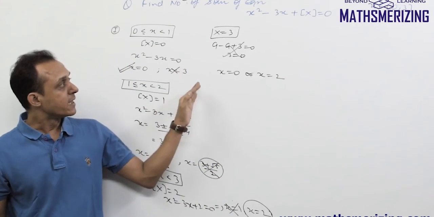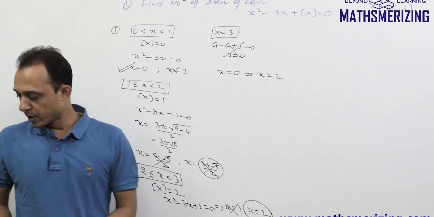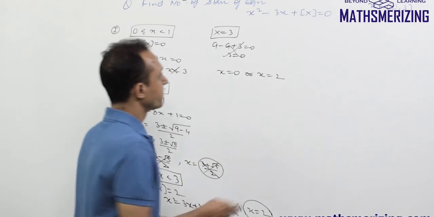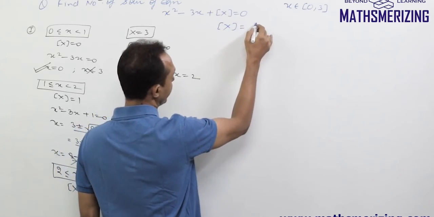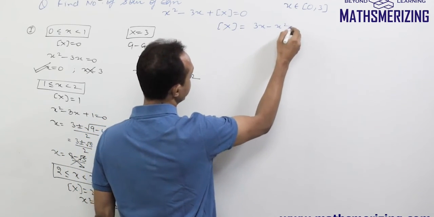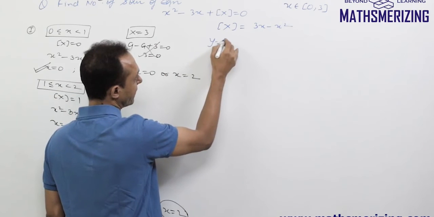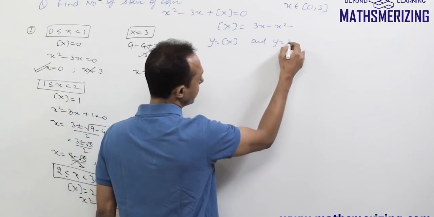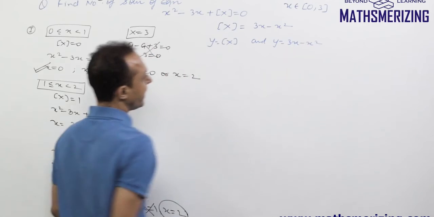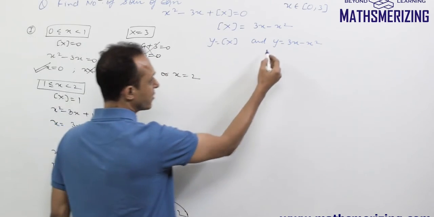Now another way of solving the same question can be using graphs. So what I'll do is, I'll draw the two graphs: the greatest integer function of x, and y equals 3x minus x square. So first I'll draw this graph.